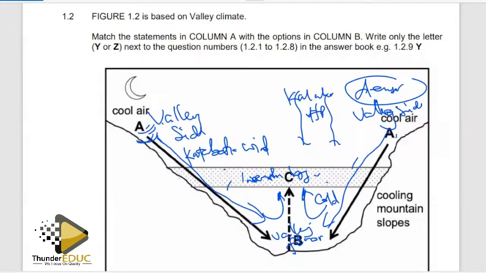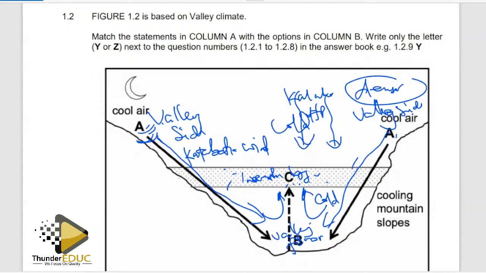So this is a belt of warm air trapped between two cold air masses: the cold, sinking air from the Kalahari, and the cold air which has sunk into the valley because of gravity from the valley sides. So that's the situation of an inversion layer. That basically describes the valley climatic conditions.